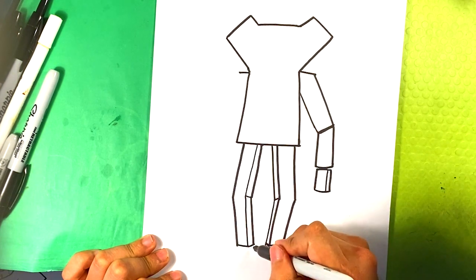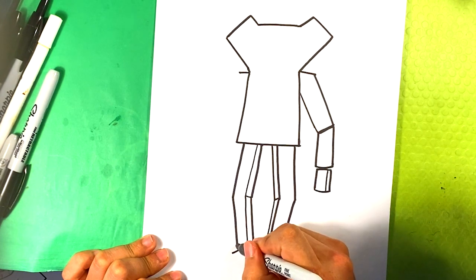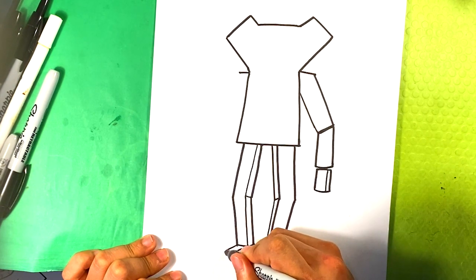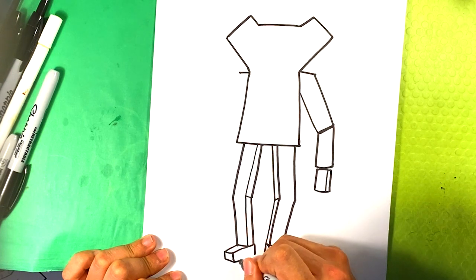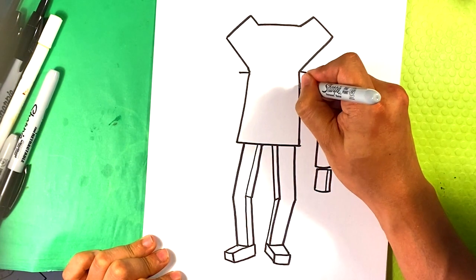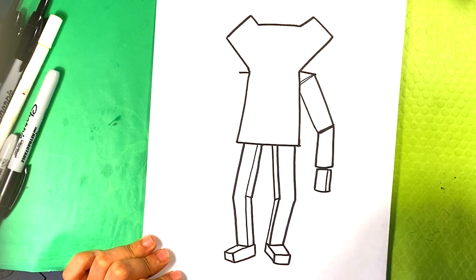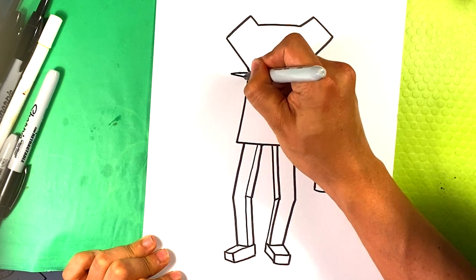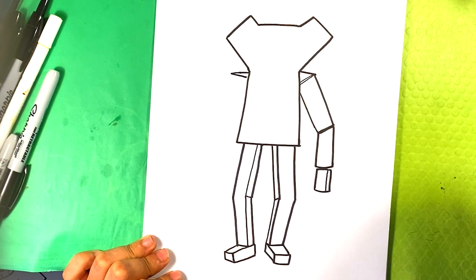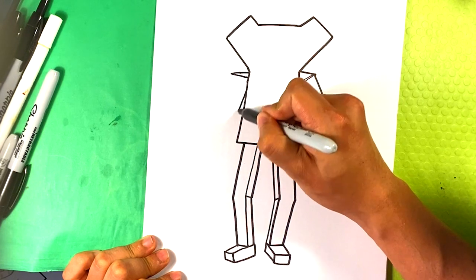Line over here. Down. Cross over here. Cross over here. Down. Down. Line. Line back. Line over here. Top of the shoulder on that side, and we're going to put his other arm now over here, which is literally another block.